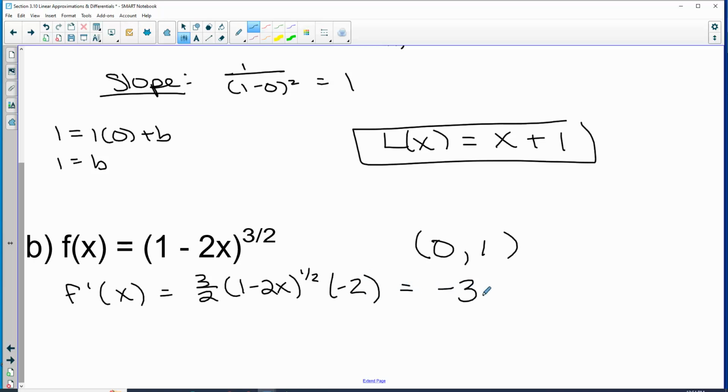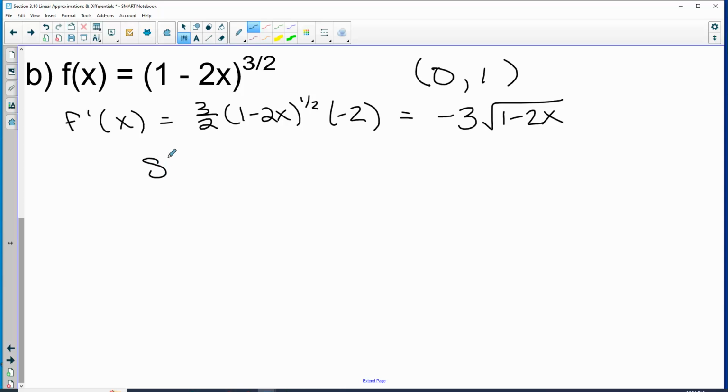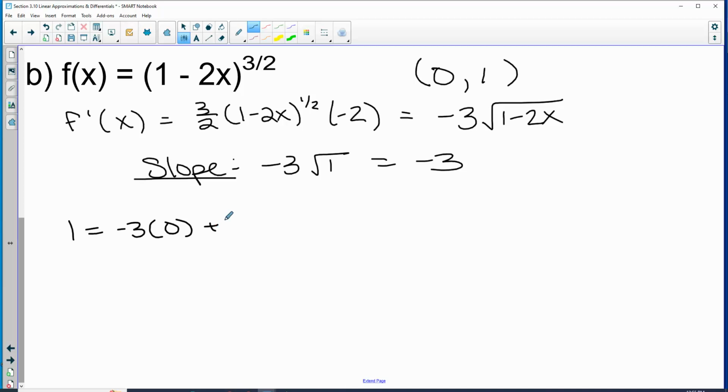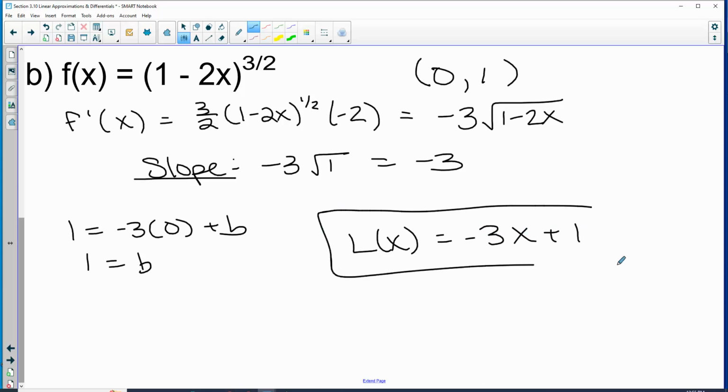So our slope, if we put a 0 in, we get negative 3 times the square root of 1, which is negative 3. So y equals mx plus b, y-intercept is 1. So the linear approximation is negative 3x plus 1. You did that in a lot fewer steps than I did.